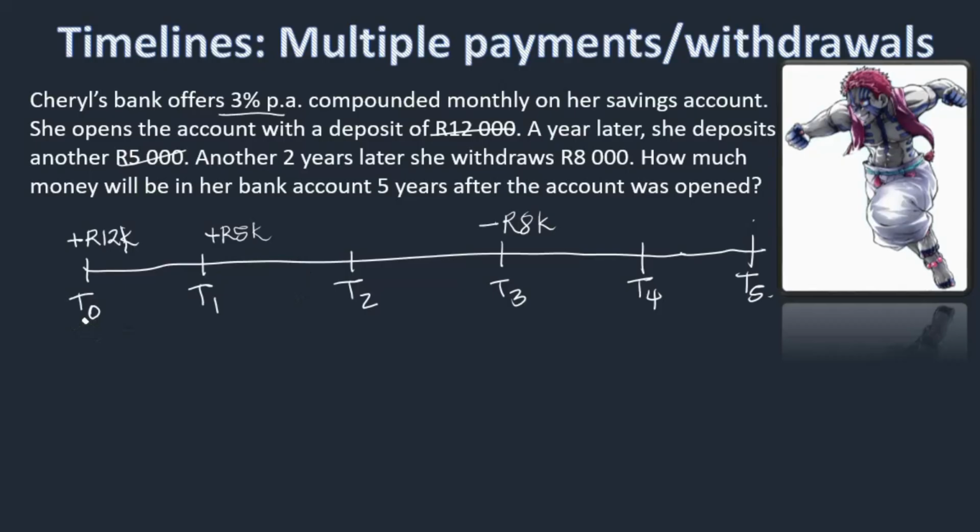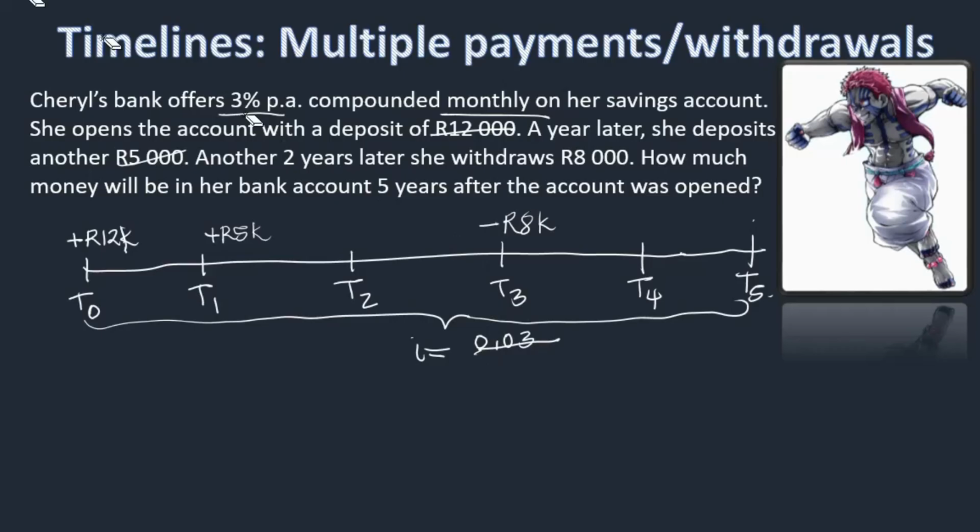So from here up until here, our i is equal to 0.03 compounded monthly. Oops, let's fix this. Compounded monthly means we're going to divide by 12. Right, so you see what's happening.